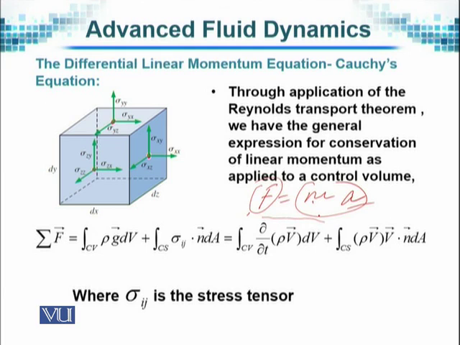Normally, in a fluid flow field that we come across, the forces that play a dominant role are either the body forces or the surface forces. From body forces, it's normally the gravitational forces that play an important role.